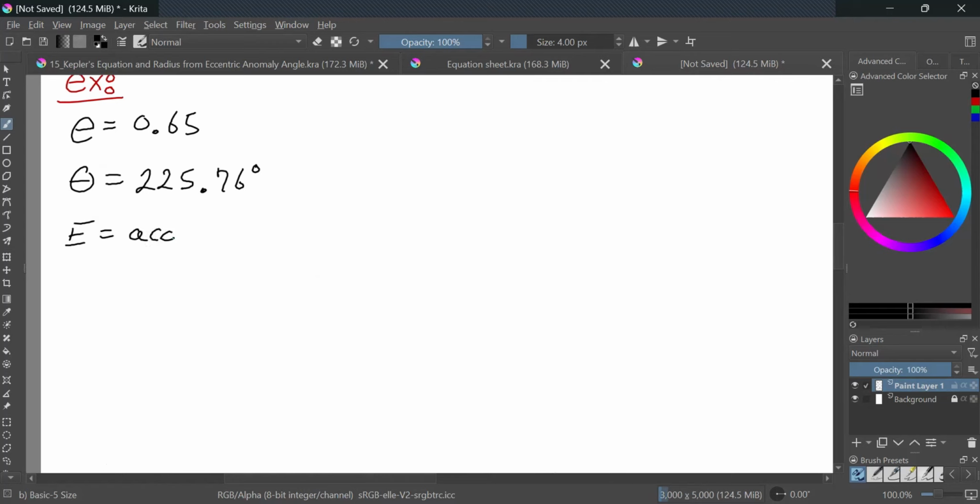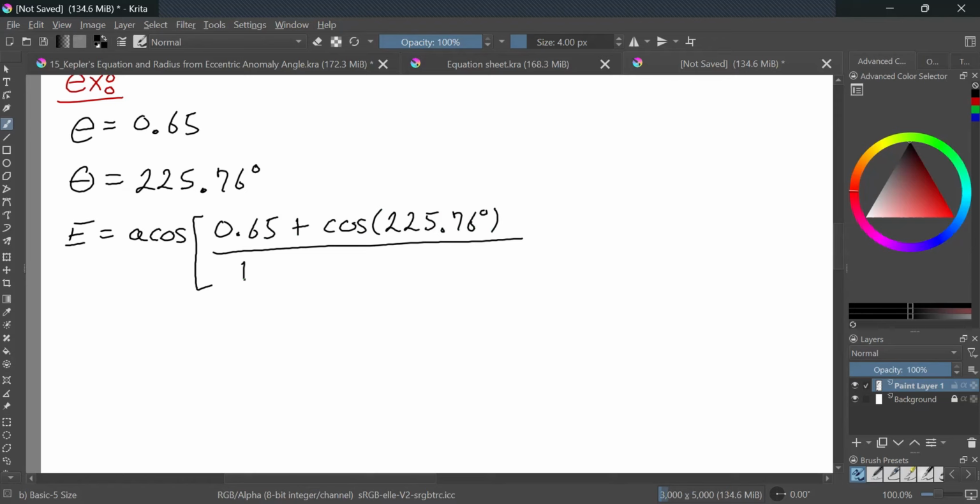Here's the arc cosine of... and I'll go ahead and plug in the numbers now. 0.65 plus the cosine of 225.76 degrees, over 1 plus 0.65 times the cosine of 225 degrees.